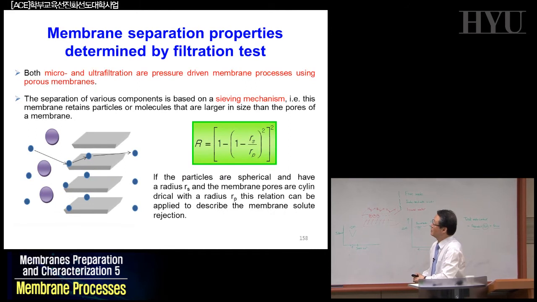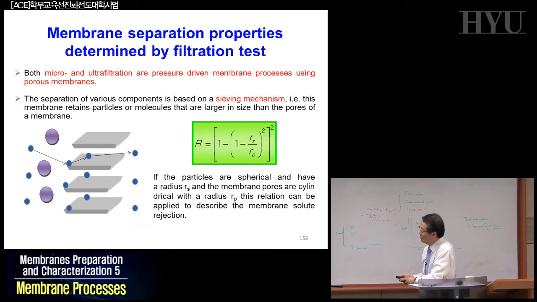What about the molecular weight cutoff? Okay, I told you that we can measure the molecular weight cutoff, but let me first define the rejection. Okay? The rejection could be defined in several ways. Now, usually the rejection by the sieving mechanism is defined from this equation here. The rejection is a function of the radius of your solute and the radius of your pore in the polymeric membrane.